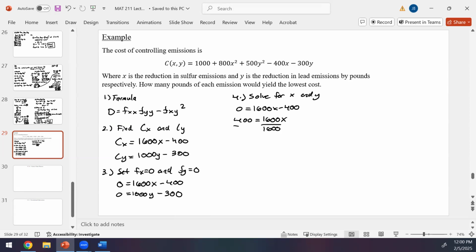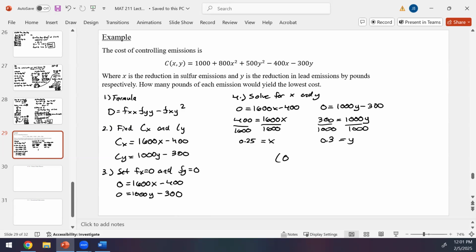So I added the 400 over, I divided by 1600. x is equal to 0.25 or a quarter. And then 0 equals 1000y minus 300. And so if we add the 300 over, we get 1000y. And so then if we divide the 1000 over, we get y equals 0.3, right?